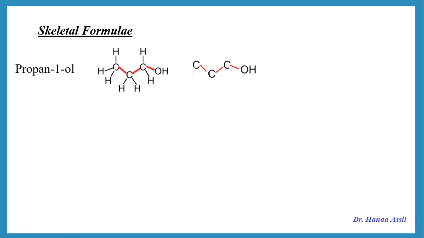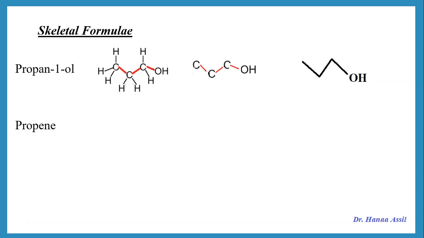We have 3 carbons and an OH, and you should remember it is understood that each carbon must have a total of 4 bonds. So if I draw it like this, each carbon is on the end of a line. So a line in the skeletal formula indicates a bond between 2 carbons. So this is the skeletal formula for propan-1-ol.